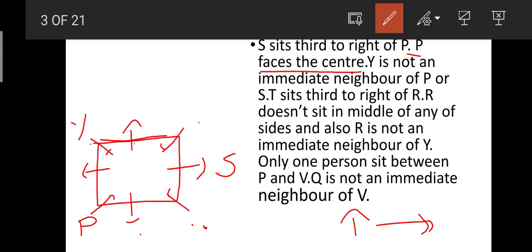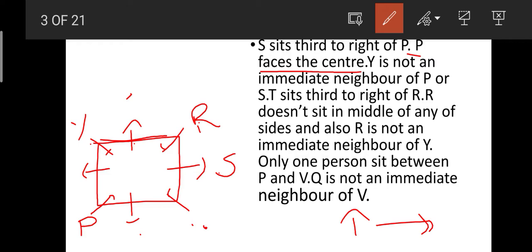Also, R is not an immediate neighbor of Y, so R should not come either here or here. Then we will be taking R here. This is the possibility we have, isn't it? We may also have other possibilities. We are checking this. If we do not succeed in this, then we will be moving to the others.